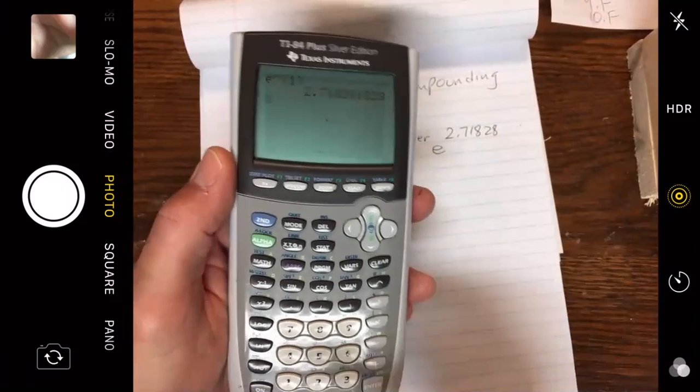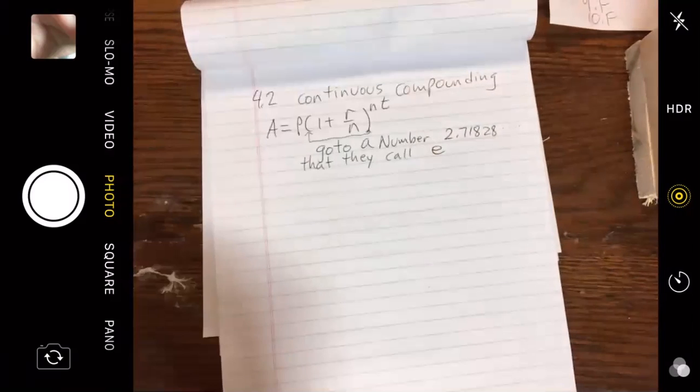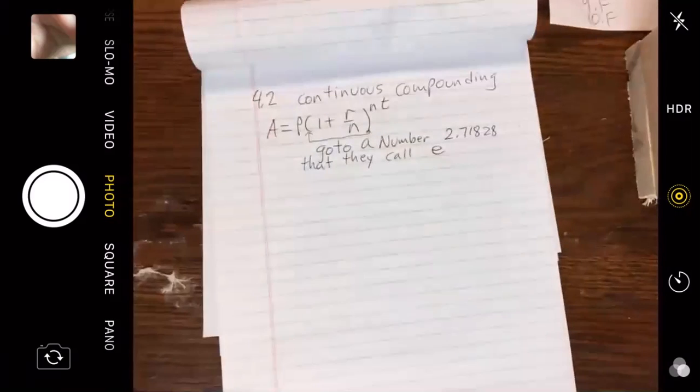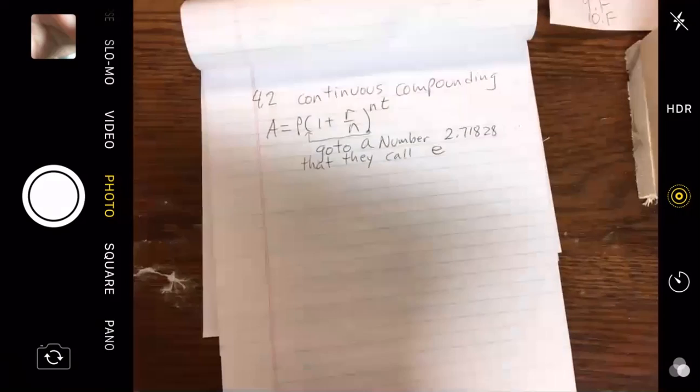Okay, they're trying to show you this in 4-2. I don't know if punching this out would explain any of the gibberish any better. They call it the natural exponential.